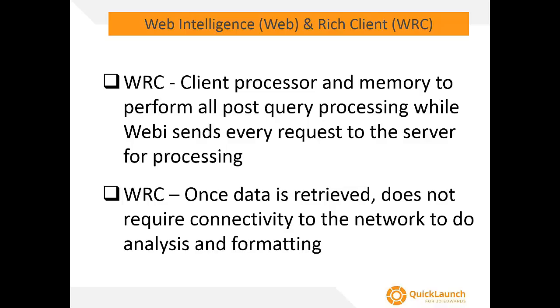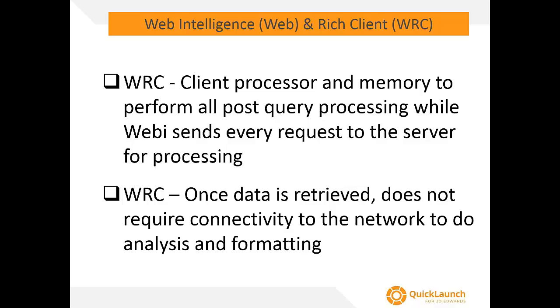What's come back is a client tool to do web intelligence type use. And in that sense, it's very similar. It's not identical, but very close to building with a Java client, right?